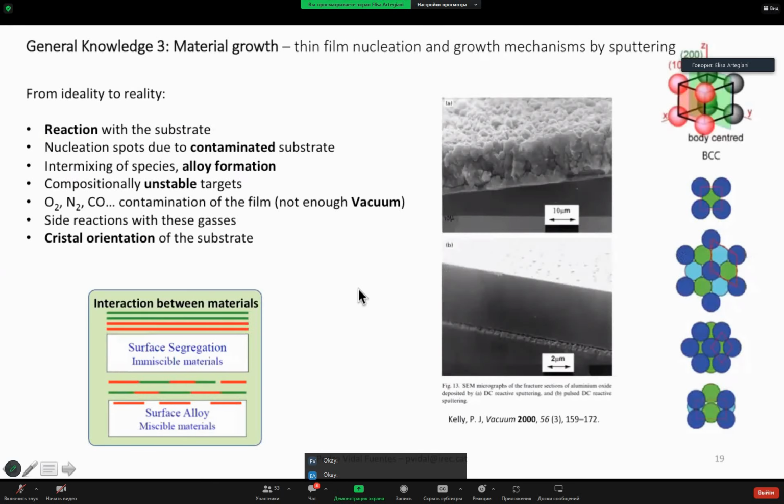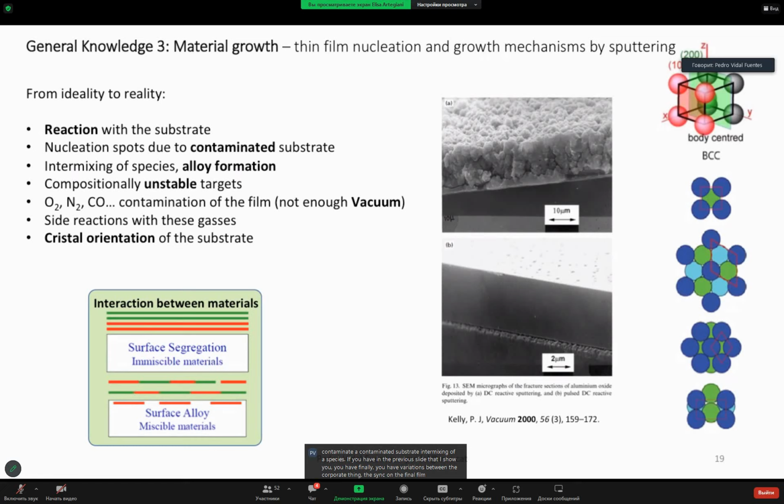Everything that I told you is more or less ideal cases, aside from the examples, but the reality is that you can have a lot of separate effects: reaction with the substrate if it's not inert enough, nucleation spots on a contaminated substrate, intermixing of species. In the previous slide that I showed you, you finally have alloying between the copper, the tin, and the zinc in the final film.